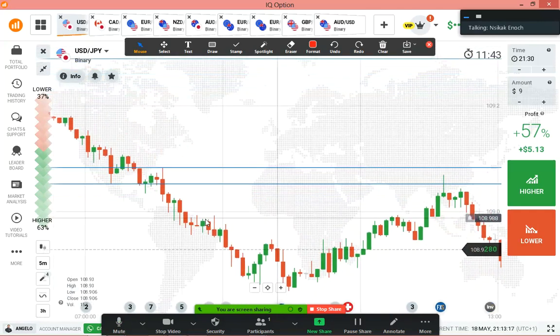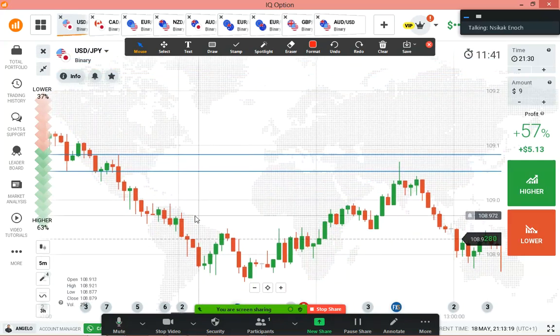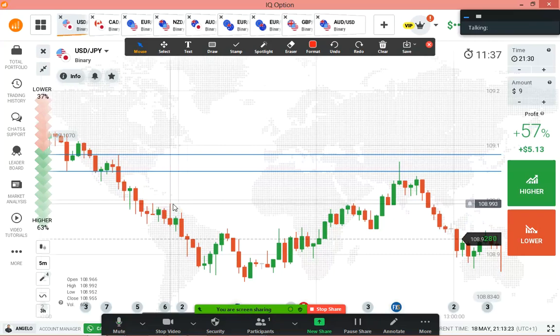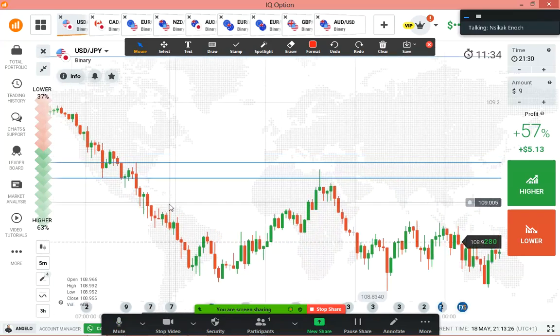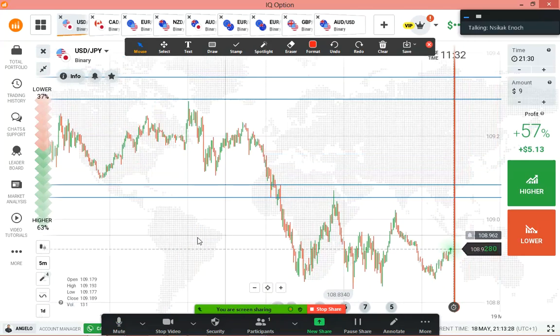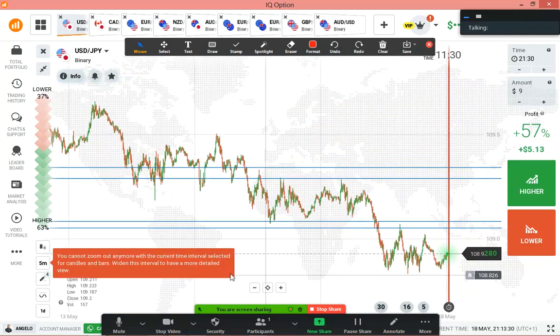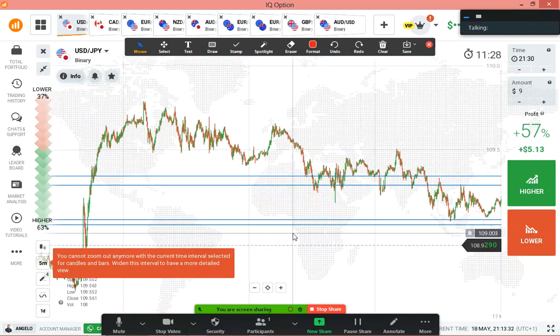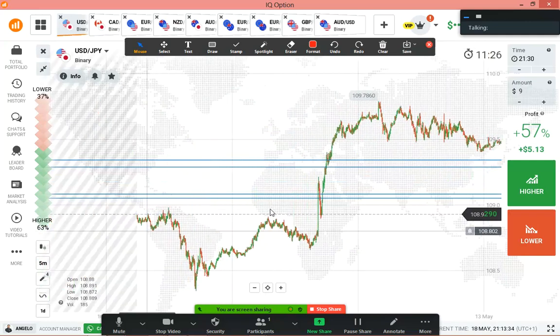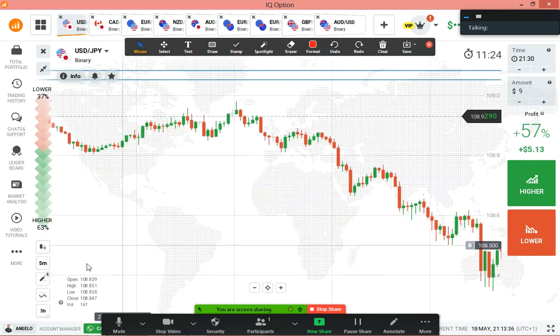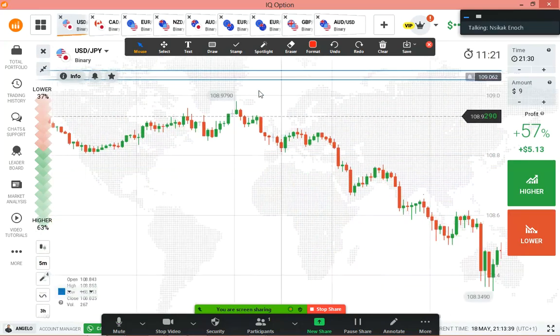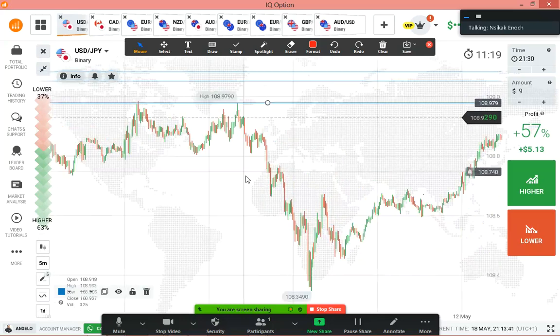So if you look at this chart here, if you look at the trend here, we see the market creates a resistance here, resistance here. If you check on the left side, we can see a resistance here.